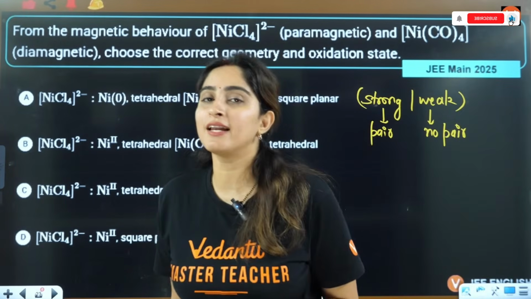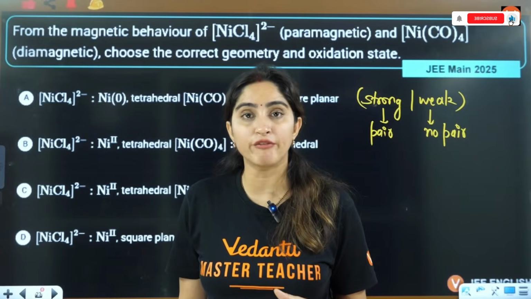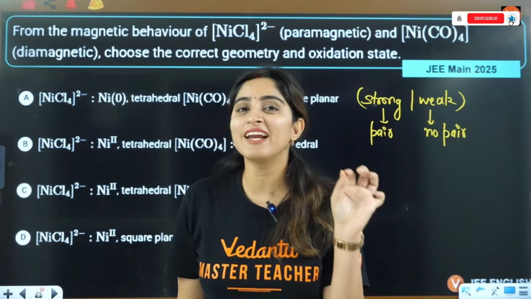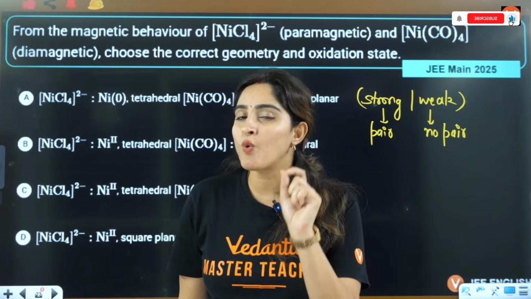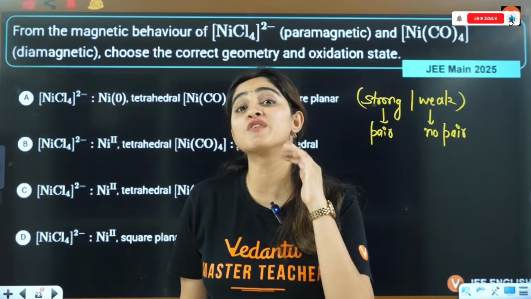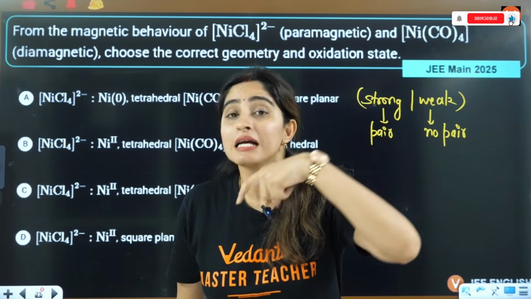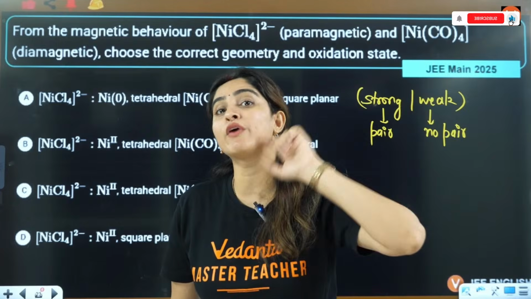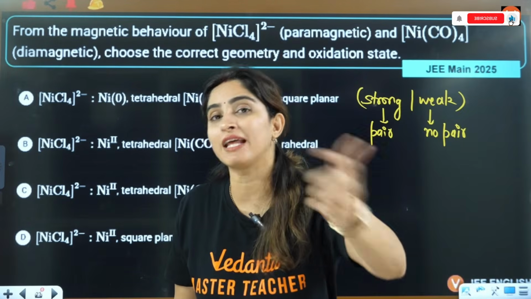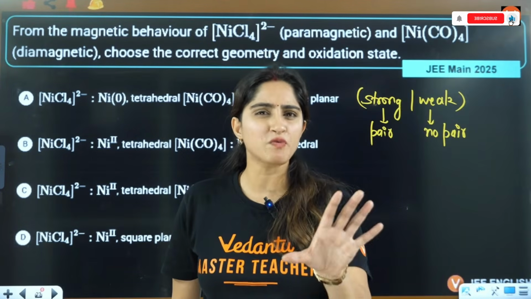Ma'am, who will tell us which is strong field, which is weak field? See, strong field and weak field is actually told by the spectrochemical series, which you will further study in CFT. But now what we do is use the application of CFT in VBT. You know what VBT actually was?